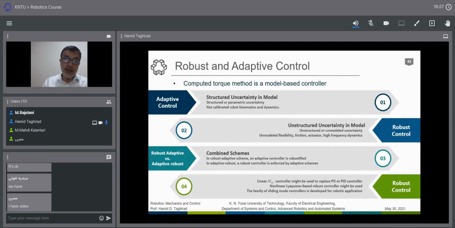In kinematics, we have some problem with the Jacobian. The Jacobian is based on the lengths, on the angles, on the structure of the robot. And in dynamics, we don't know the exact mass of the system, or the center of mass, or the moment of inertia.